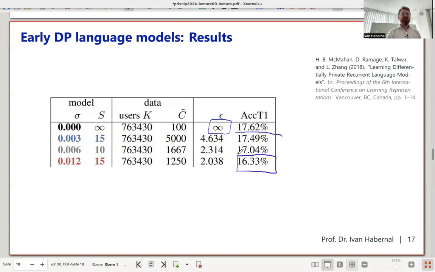So this is interesting, and I actually don't know why. I mean, they don't say why that is. They're just claiming, well, these algorithms work so well that, objectively measuring, there is a drop, and it's not huge. So is epsilon of 2 good or not? Well, I don't know.